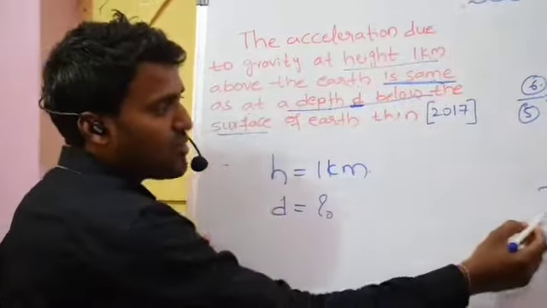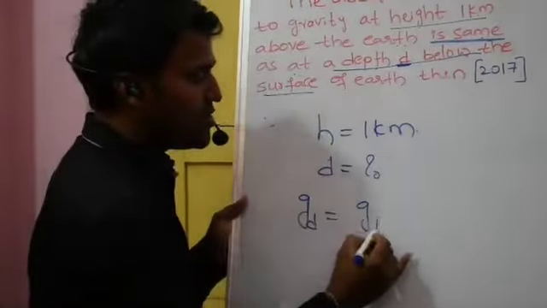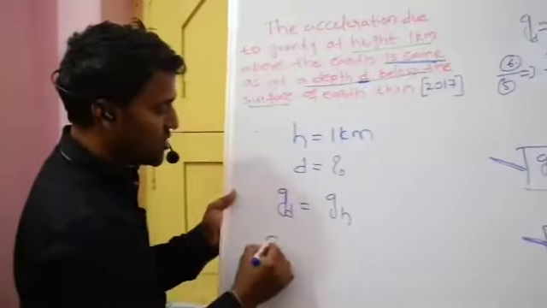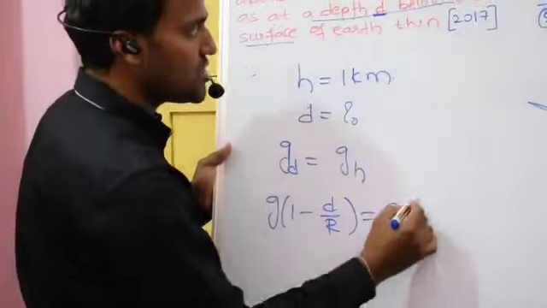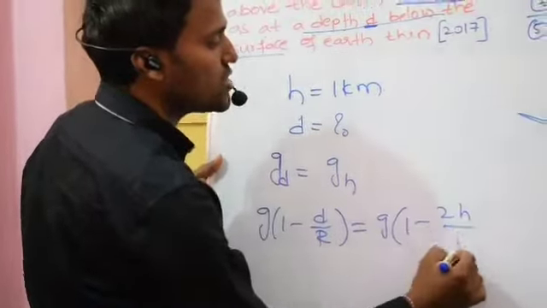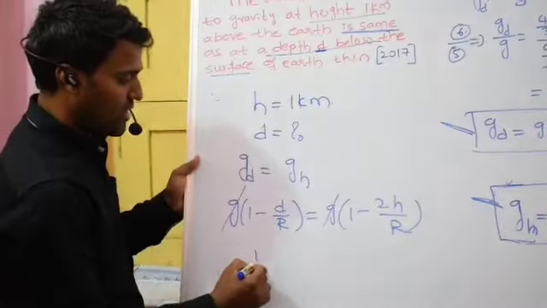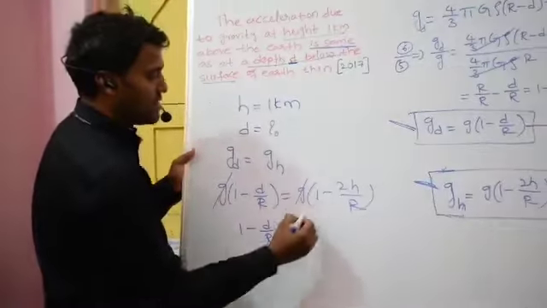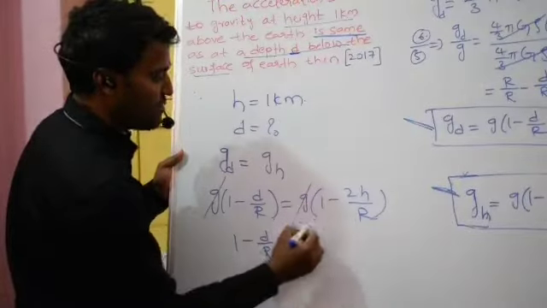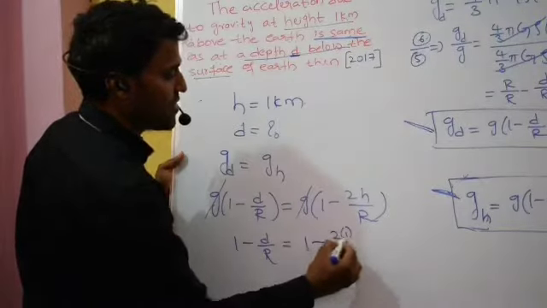So we can write from equation 7 and equation 4, g_d is equal to g_h. If I equate these two equations, g into (1 minus d by R) is equal to g into (1 minus 2h by R). Here g on both sides gets cancelled. 1 minus d by R is equal to 1 minus 2h by R, where h is given as 1.